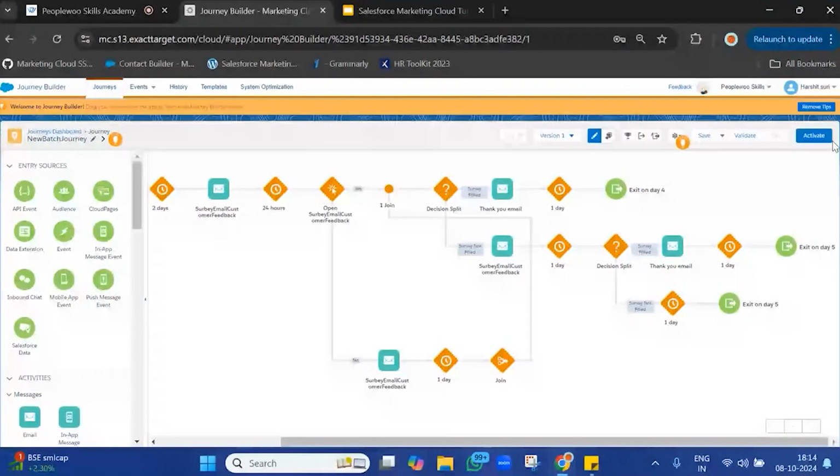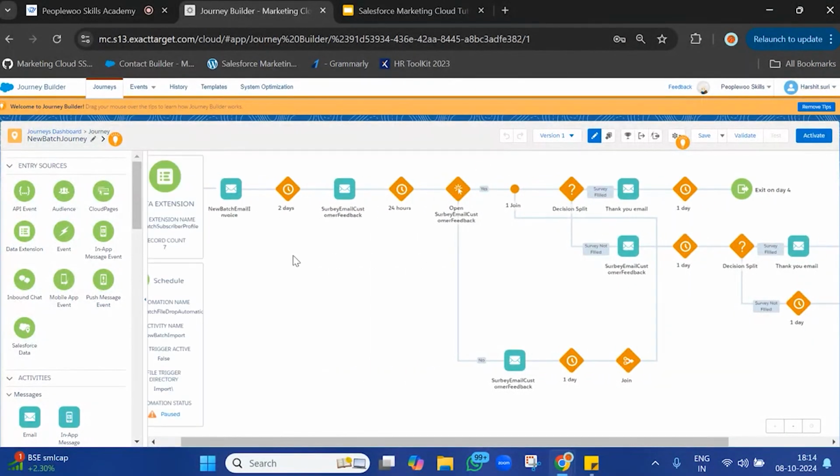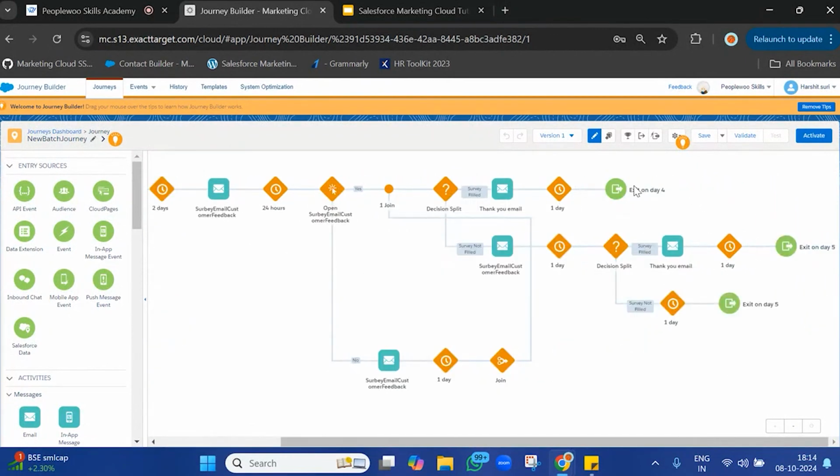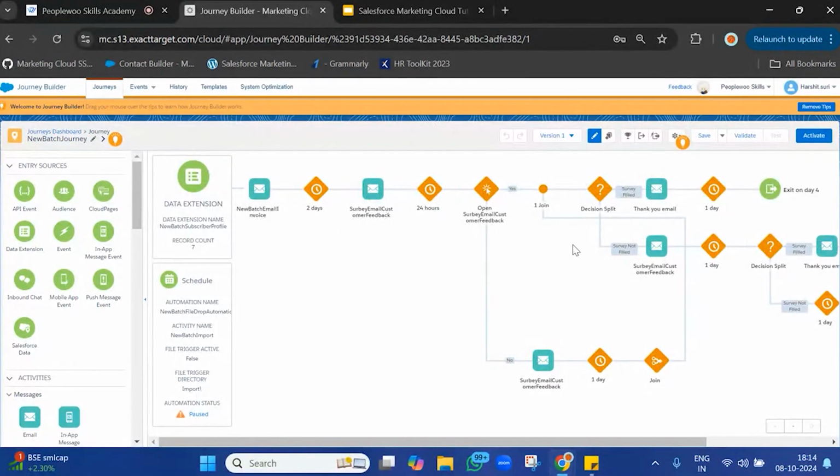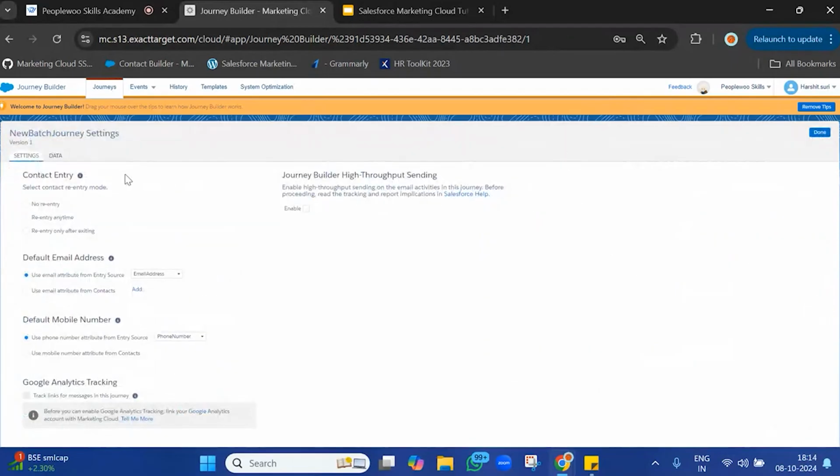A contact can enter at day 1, can exit and can re-enter again. Or a contact which has already entered this journey can make another transaction and can re-enter again. So this setting tells us which contact should enter, when it should enter. If it should not enter, then also it can be defined within the journey.